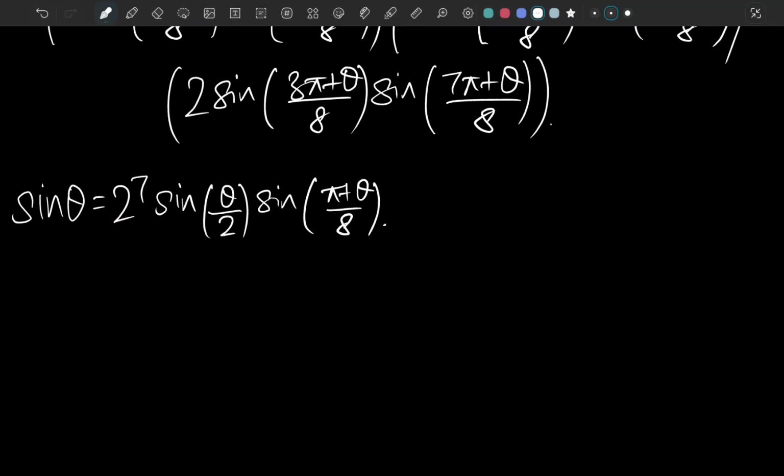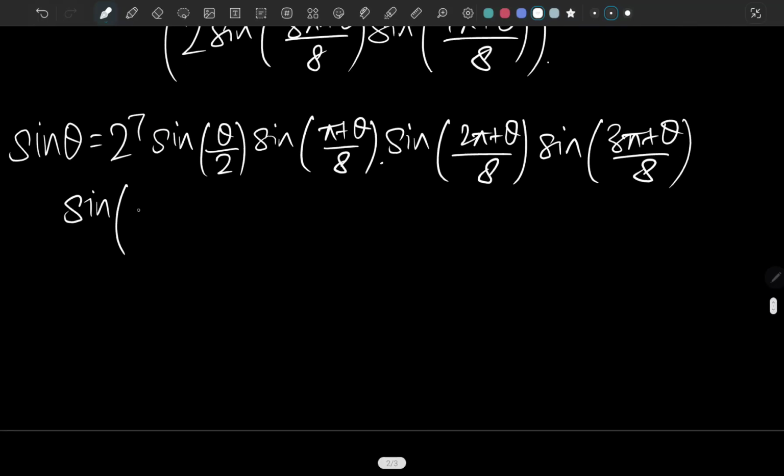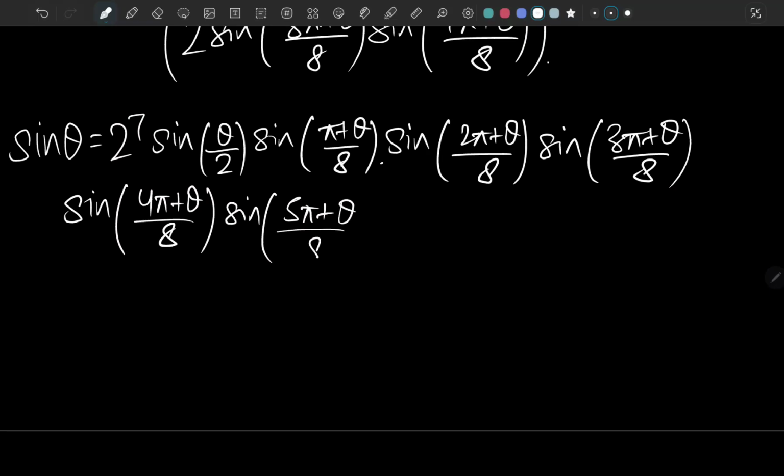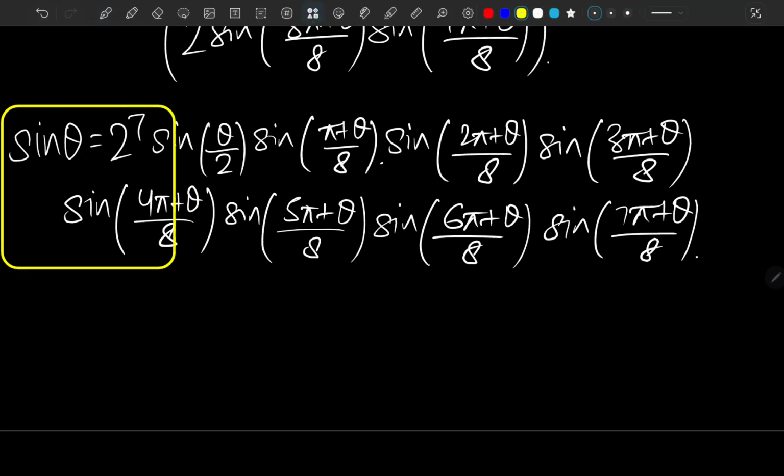So in order it's sine of (2π + θ)/8 times sine of (3π + θ)/8, then sine (4π + θ)/8, sine (5π + θ)/8, sine (6π + θ)/8, and finally sine of (7π + θ)/8. So yeah, this is really amazing, and I should have used this color instead.